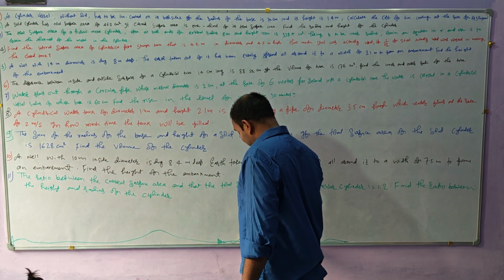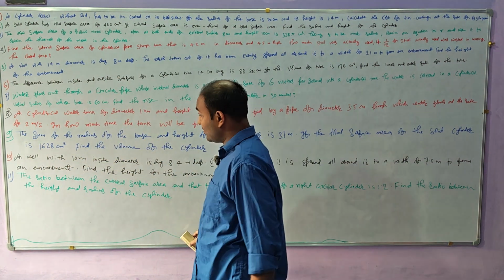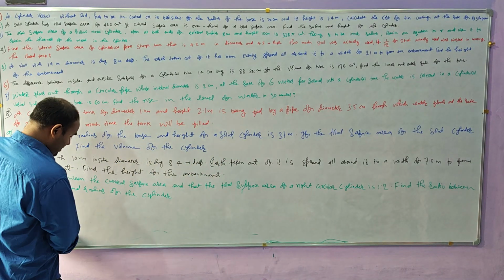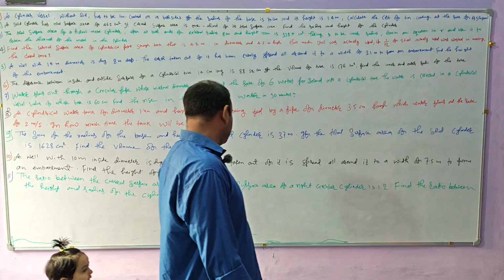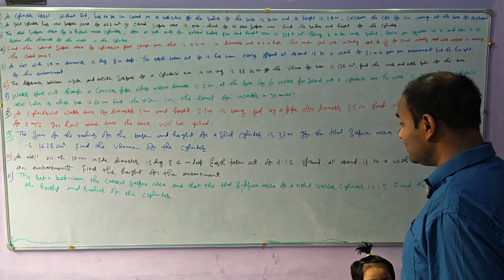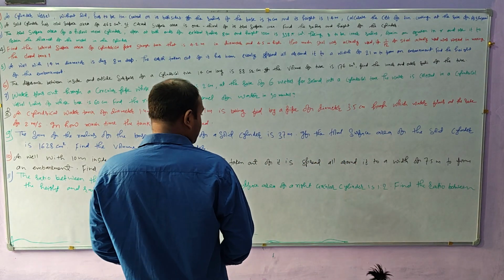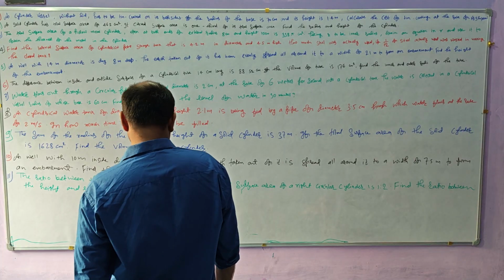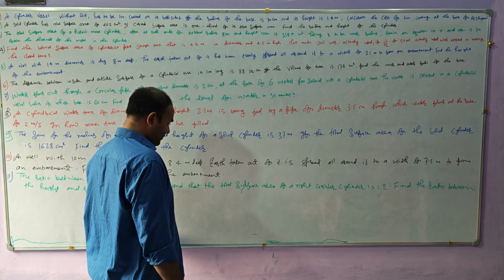And the first one is: the ratio between the curved surface area and the total surface area of a right circular cylinder is 1 is to 2. Find the ratio between the height and radius of the cylinder.